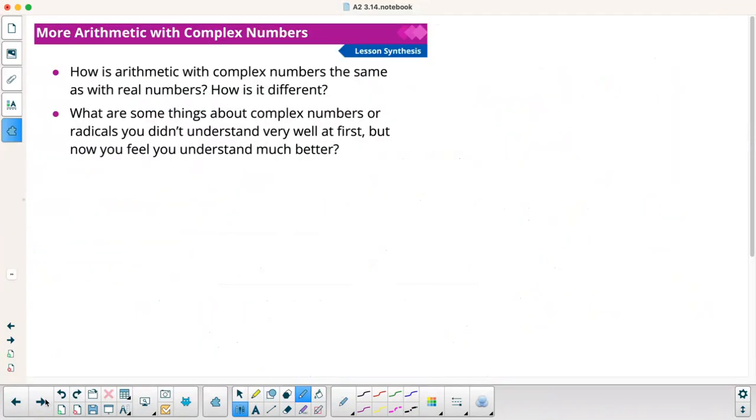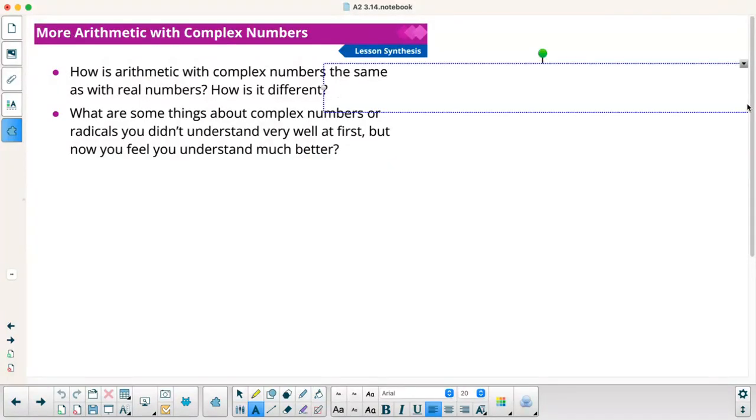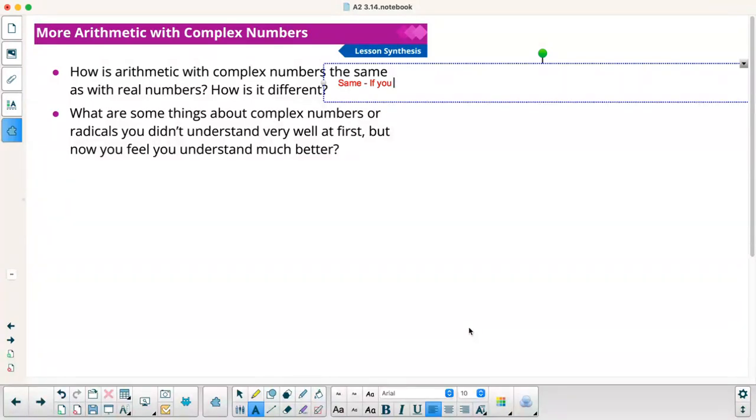All right. So how is arithmetic with complex numbers the same as with real numbers? How is it different? How is it the same? I would say same would be if you do arithmetic on a complex number, you will get a complex number.